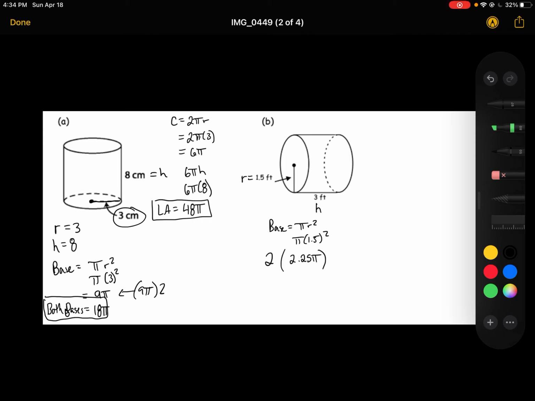That should be 2.25 when we square it. Then we're going to want to take this, multiply it by 2, because we have 2 bases. So our base area is going to give us 4.5 pi feet squared. I should go back and use units for all of these.